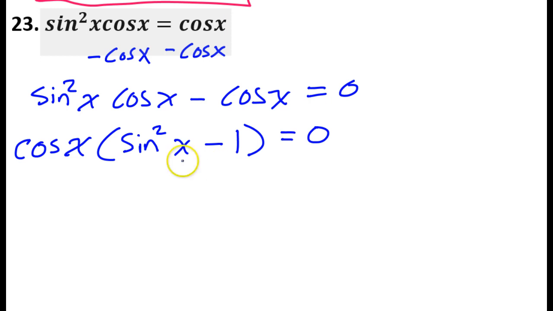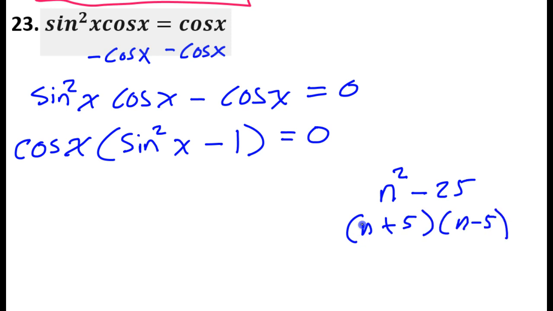Now I could set both of these equal to 0 and use the square root property over here on the right. But this is a factoring problem, so maybe we'll try this one by factoring further. Remember the difference of two squares. If I had n squared minus 25, I could factor it as n plus 5 times n minus 5. It's a little pattern that we memorized.